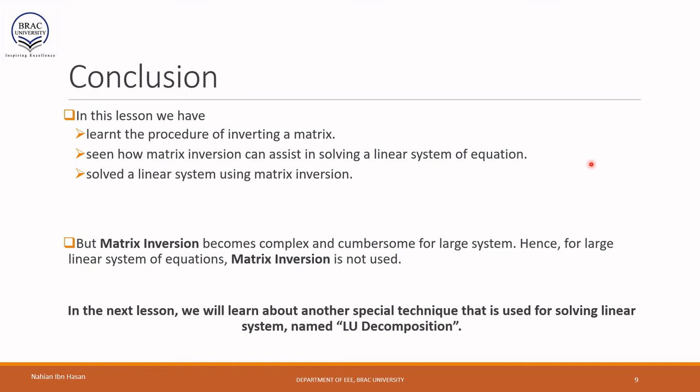That's why we are going to use LU decomposition to find the inverse of a matrix. And we will also see that LU decomposition can be easily implemented to find the solutions of a linear system.